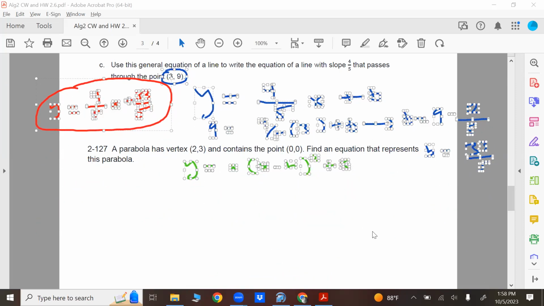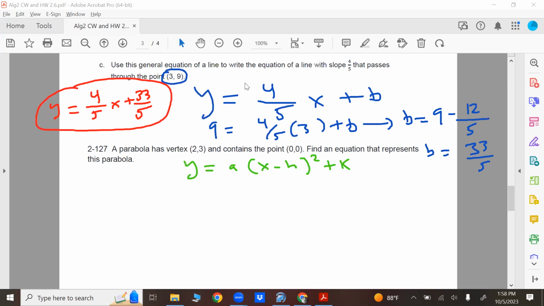There we go. Lovely. Okay, so last one, 127. Let's finish strong here.